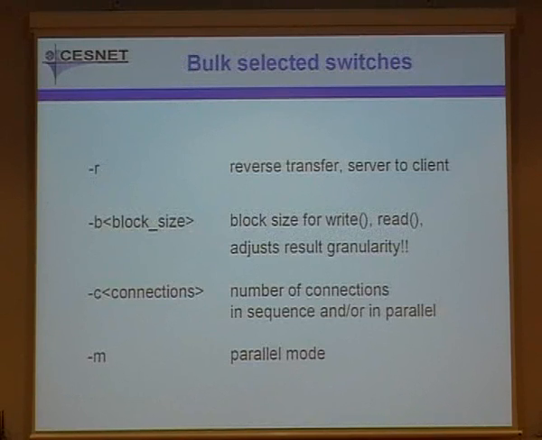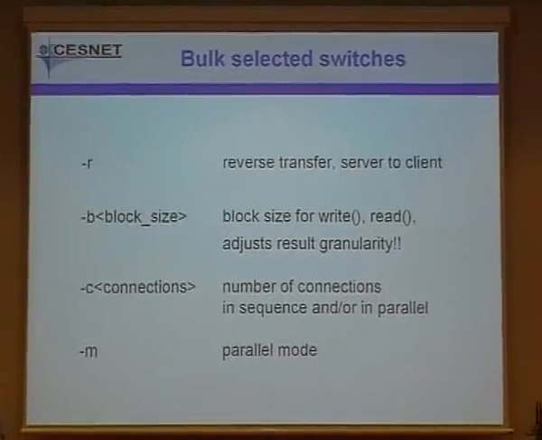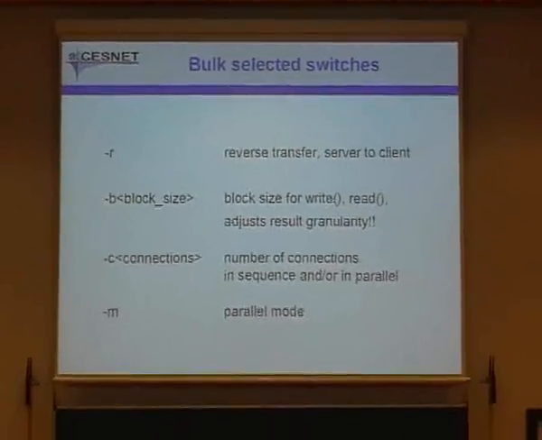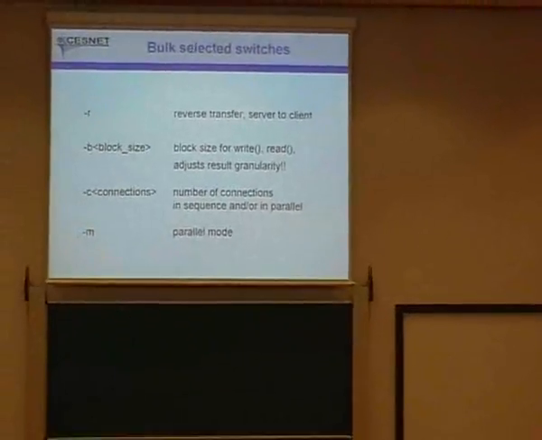There are a couple of other interesting command line switches. You can reverse the transfer so that data is sent from server to client, and you can specify a block size to be sent by write call or to be expected from read call.